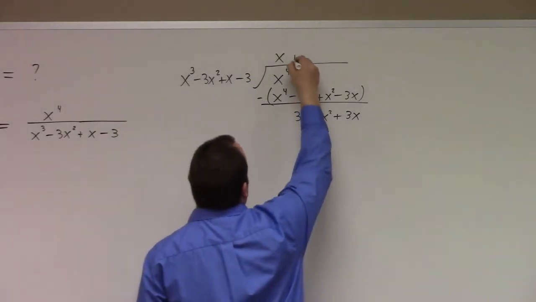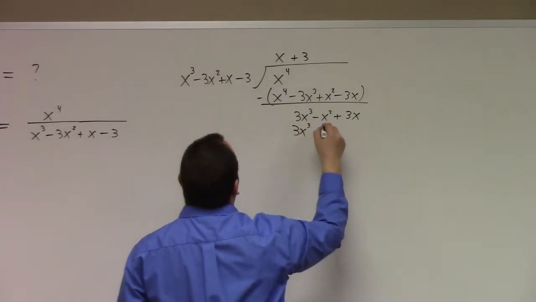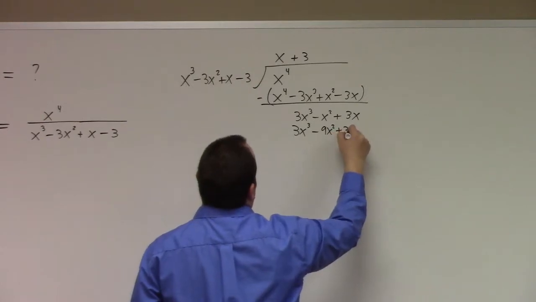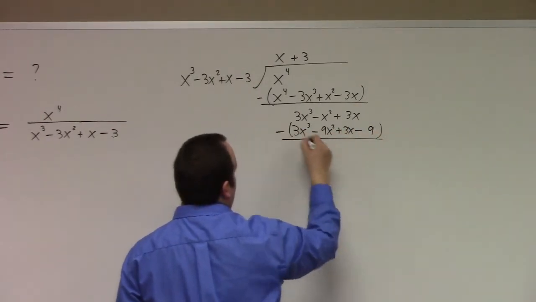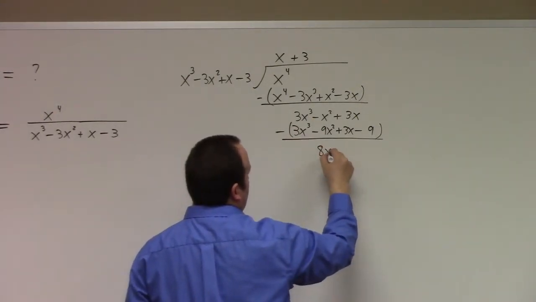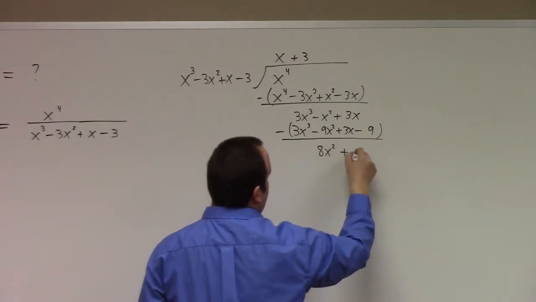So I do plus 3. Now that gives me 3x cubed minus 9x squared plus 3x minus 9. Again, I subtract, and that gives me 8x squared. Cool, the x cancels. Plus 9.